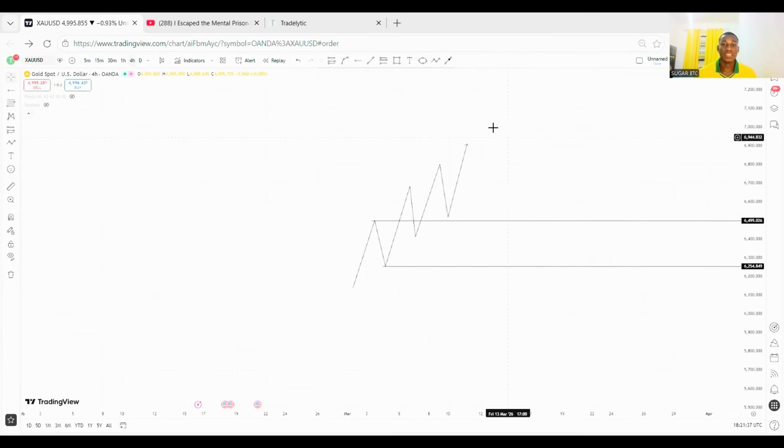An indication is when price breaks above a swing high or a swing low, right? Indications. What's an indication?